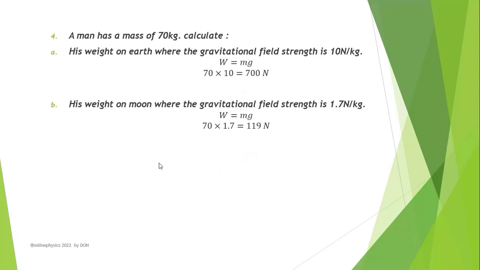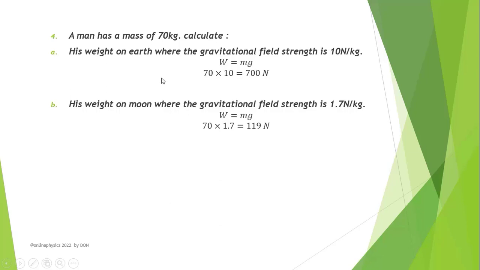Then there is another question here, number 4. A man has a mass of 70 kilograms. Calculate, part A, his weight on the Earth where the gravitational field strength is 10 newtons per kilogram. So we are looking for the weight. We already have the mass and we have g.